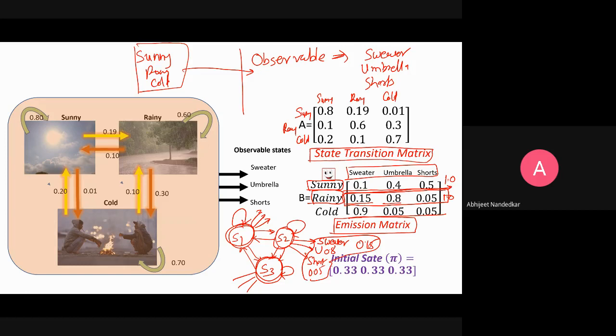So you can see that person and see the clothing of that person or what that person is carrying. That information you can access directly, and then you can predict. So this is some hypothetical problem. Now the initial state is the chance that you have sunny, rainy or cold. So they are equally likely. So I'm just writing 0.33, 0.33 and 0.33.